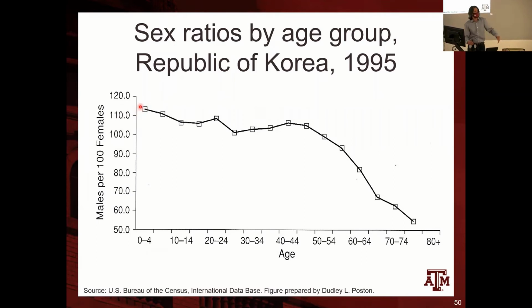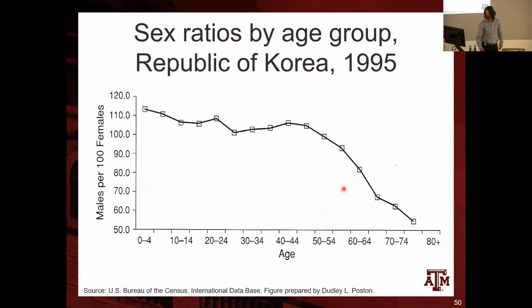But because women live longer, this advantage declines as people get older until you have, around 50 years of age, the point in which the number of men and women is similar, and then women keep living longer, men start to die faster, and the sex ratio reaches levels below 100.